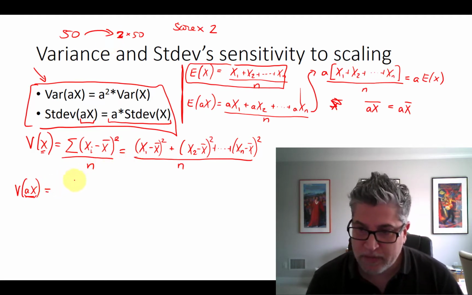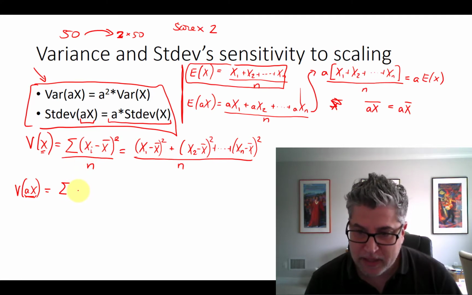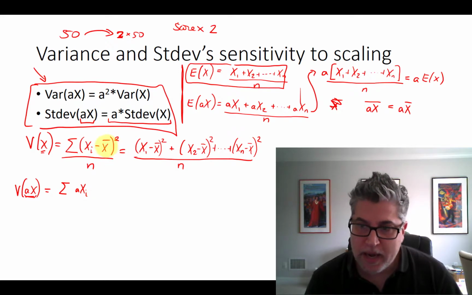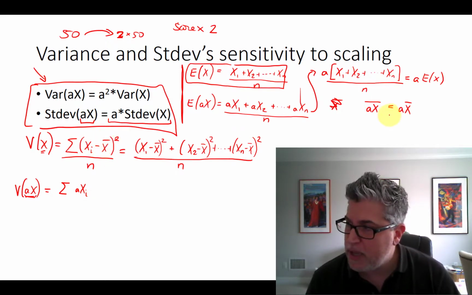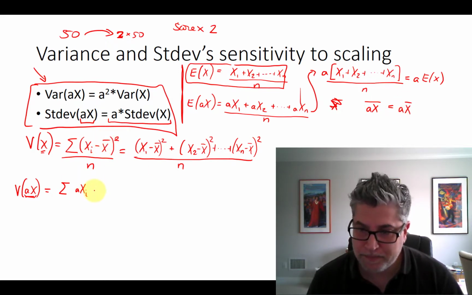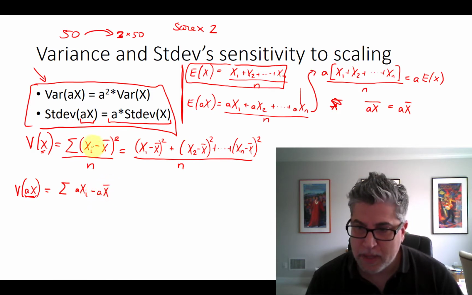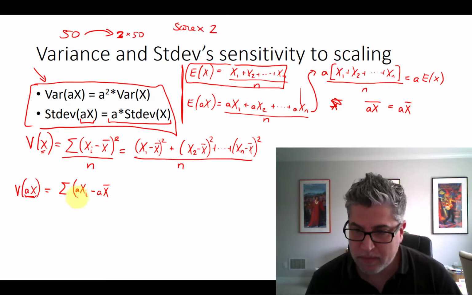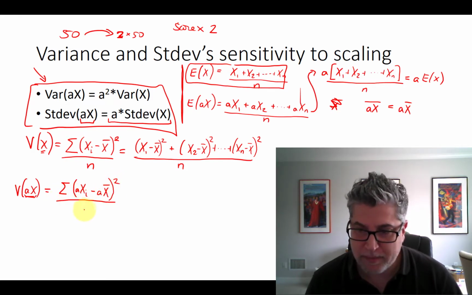So let's take all of these terms, and everywhere I saw an xi, that's now going to be an a xi. And x bar becomes a x bar. And that was squared. And then we divide by n.